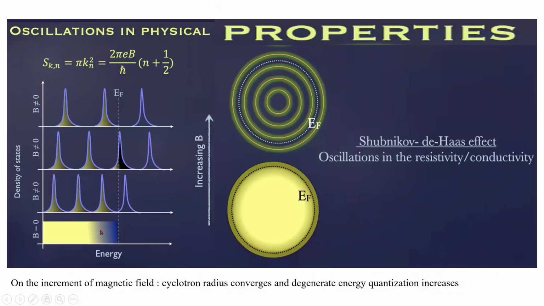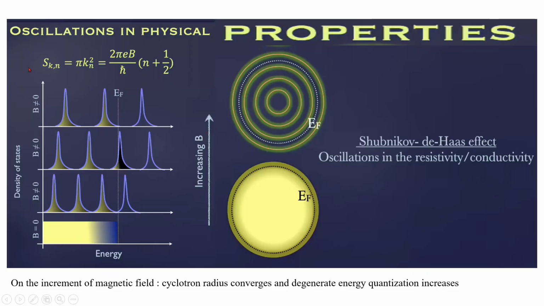The quantum oscillations are shown here with the increment of the magnetic field. With the increment of the magnetic field the Landau level quantization increases, and the cyclotron orbit's radius is converging towards neutrality, which means that more Landau levels are created, and with the increment of the magnetic field the oscillations are increasing.